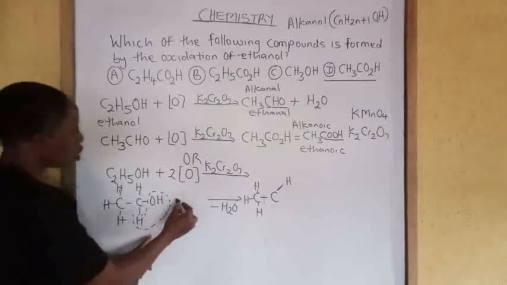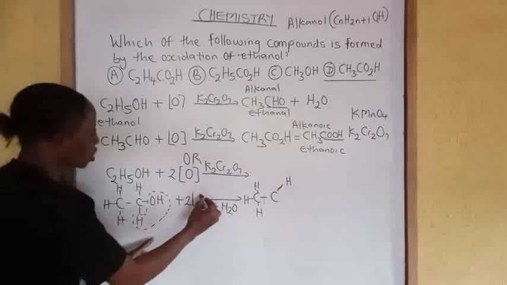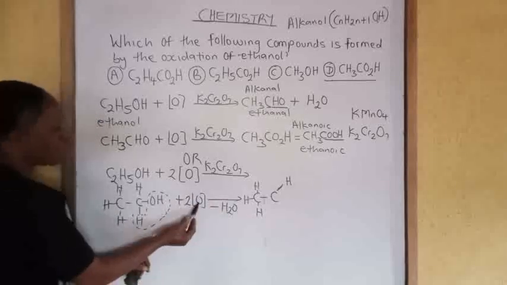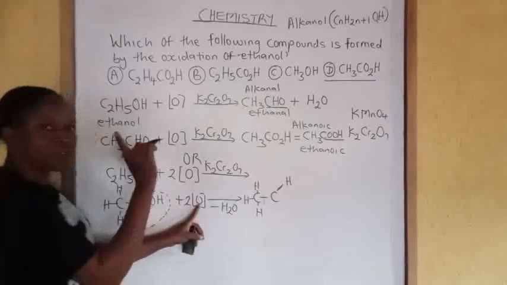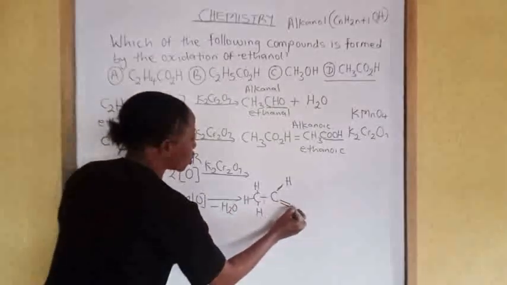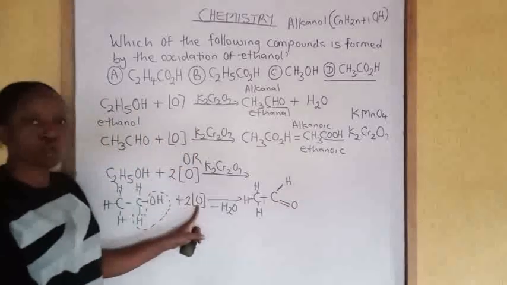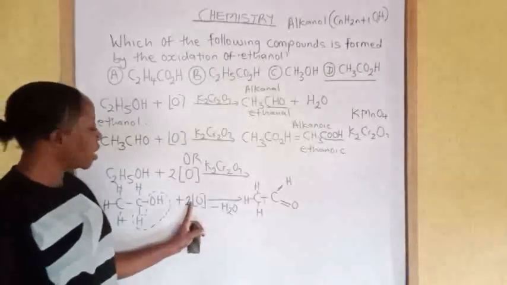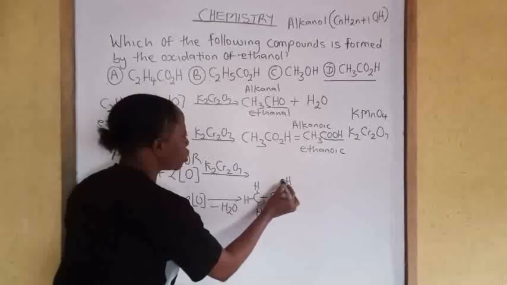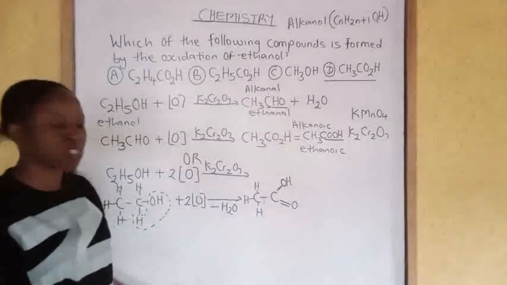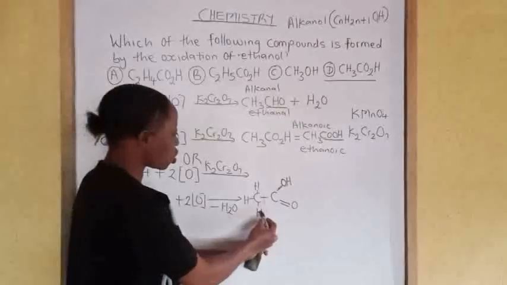Then we are going to add 2 oxygen atoms to this structure. One of these 2 oxygen atoms will go with a double bond, while the second oxygen will join the hydrogen to give us the hydroxy group. So what is this structure now?